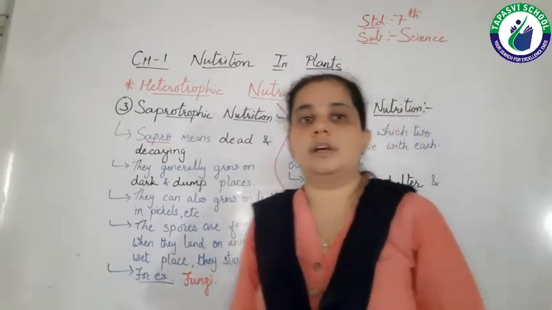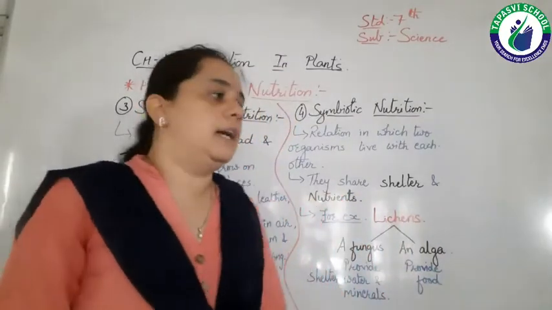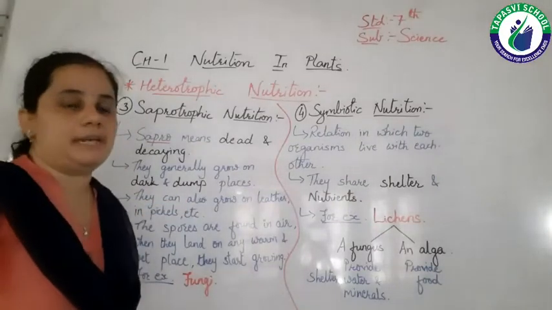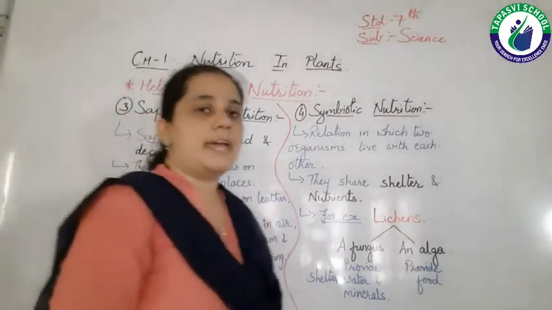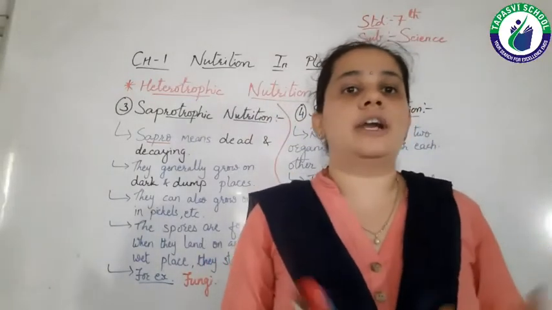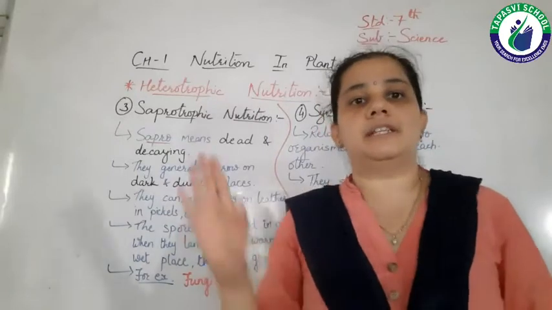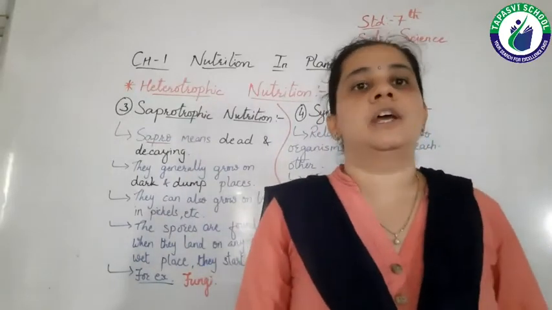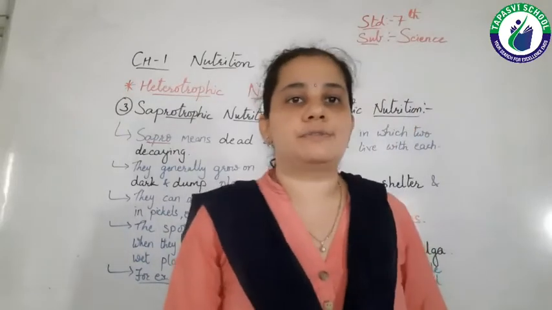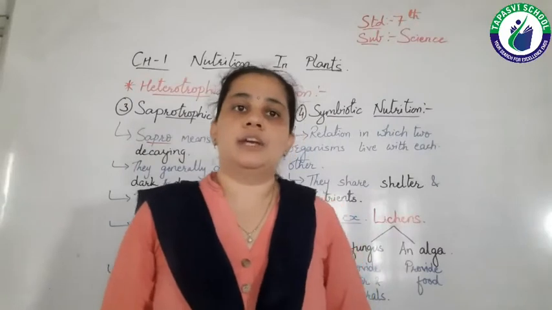These organisms generally grow in dark and damp places, means where the place is dirty and does not have sunlight. They just take the nourishment or nutrients from these dirty places and grow.